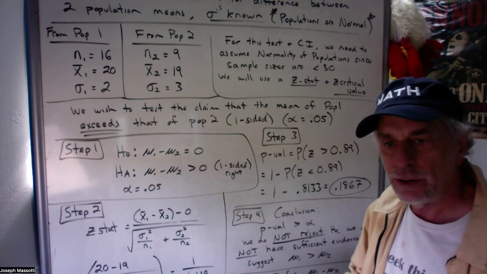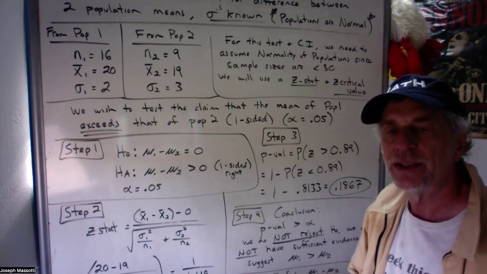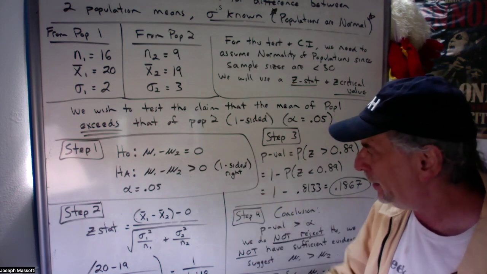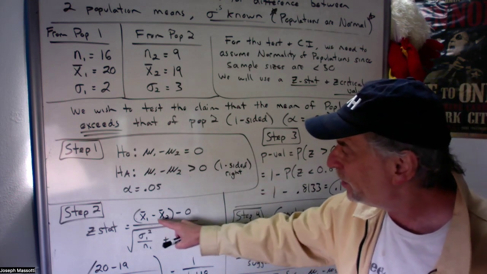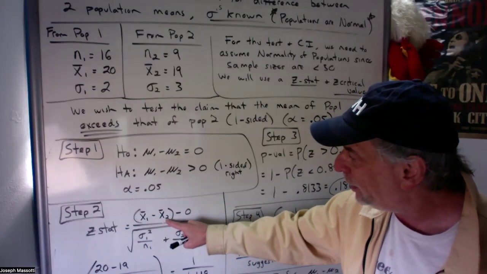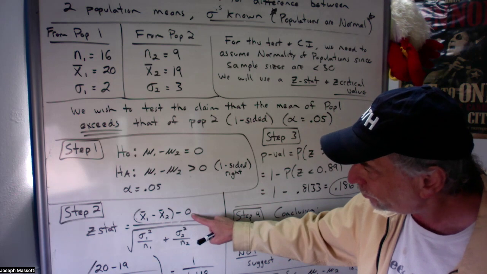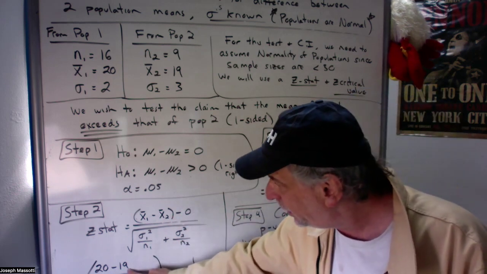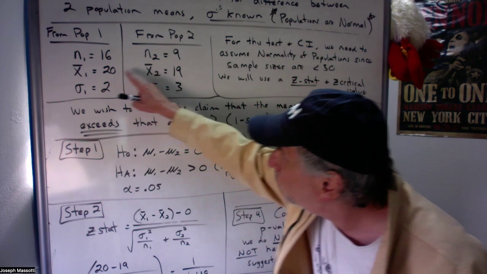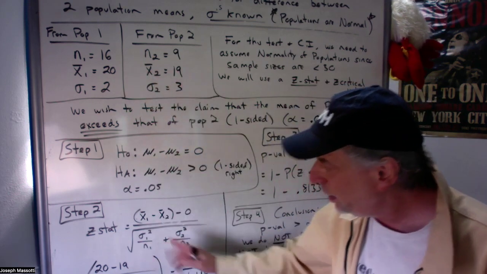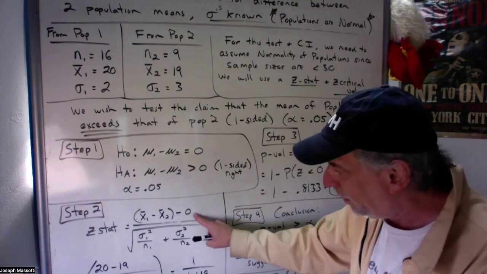You just have to be careful about how you state your hypothesis and make sure it is in accordance with the question being asked. So here, the difference between sample mean 1 and sample mean 2 minus the hypothesized difference. The difference between the two sample means, 20 minus 19, is the numerator. I didn't put the 0 here. We don't have to. We know it's there.